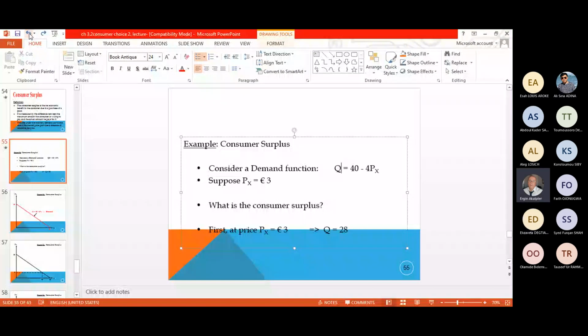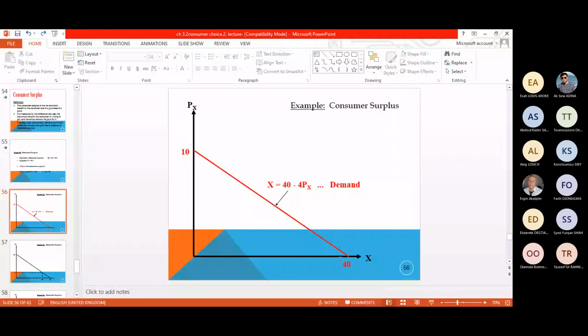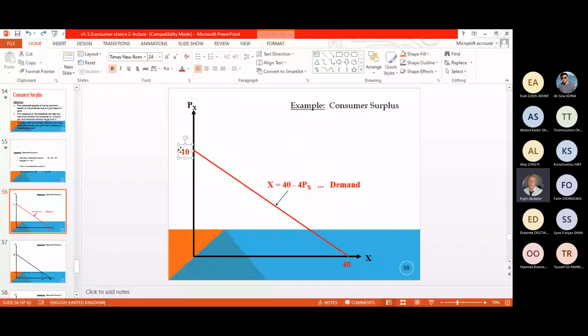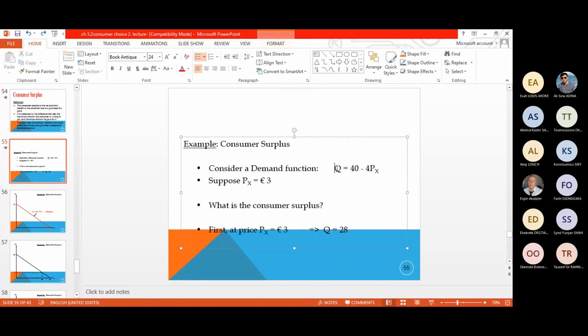This is for finding the intersection, because there is zero purchasing. When you have the maximum price, this means you have zero quantity. Therefore, you put 0 here, and when it is 0, you move 40 to the other side, so this is minus 40, and this is minus 4.